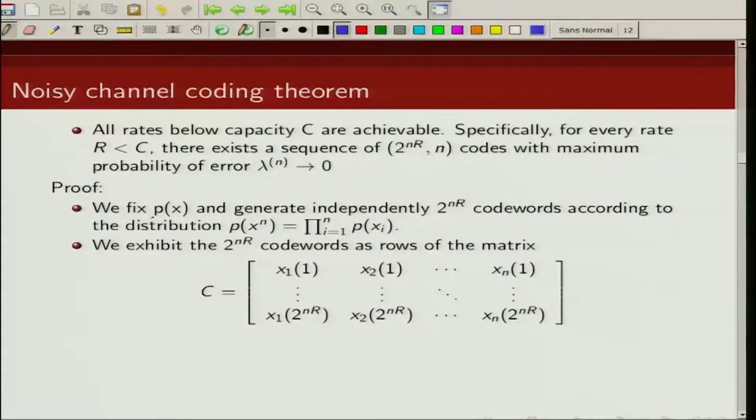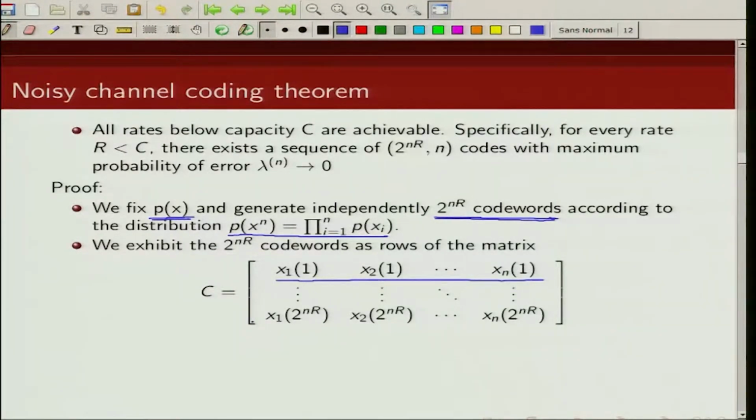So first what we do is we fix our input distribution and generate 2^(nR) code words according to this IID distribution, and we consider a matrix where each row is a randomly generated code word. So this x1^n, x2^n, ... is a code word.